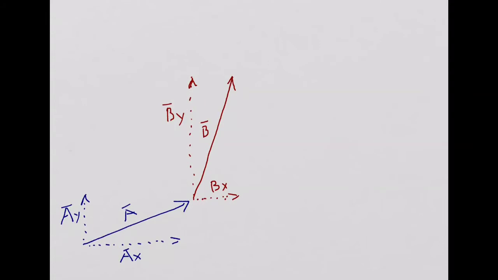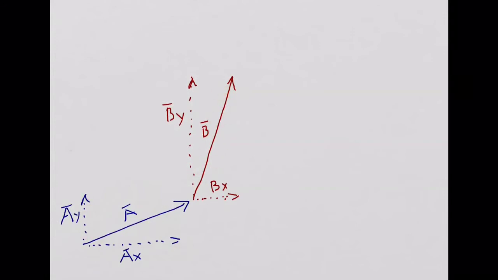So how would I add two vectors together to get a resultant vector? Well, the answer is we'll find the components, we'll add the components that are in the like directions, and then the resulting vector would be combined from that. So we have here a vector A. It has a component in the x direction and a component in the y direction.